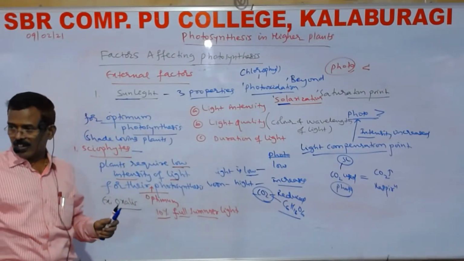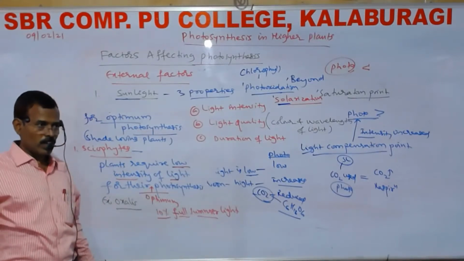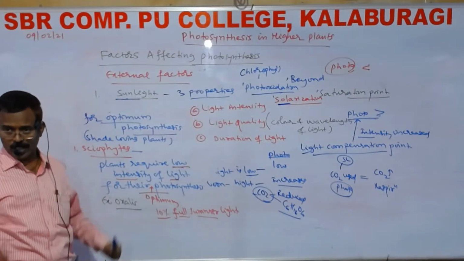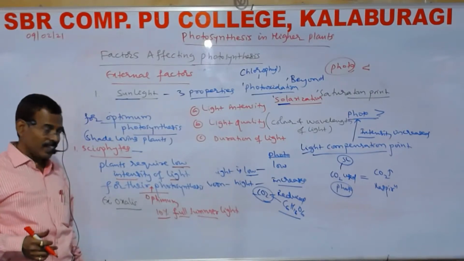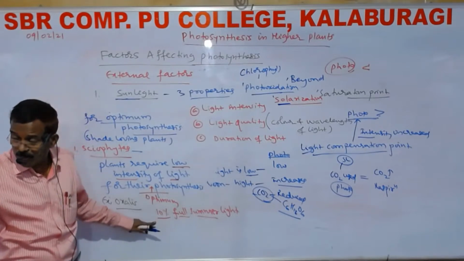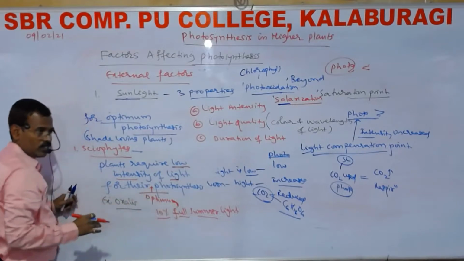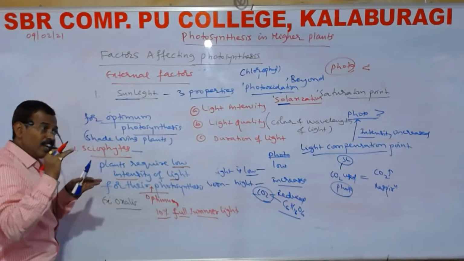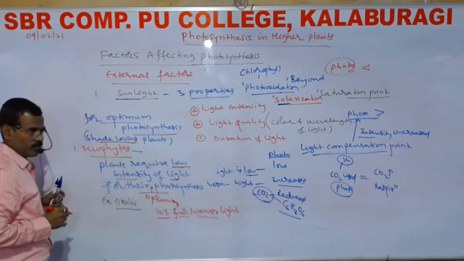In the summer season light is abundantly available; bright sunshine will be there, from sunrise at 5:30 in the morning up to 7 o'clock in the evening. So sciophytes need only 10% of the full summer light for performing the optimum rate of photosynthesis. They don't need bright sunshine; they need a little bit of shade. That's why they are shade-loving plants.